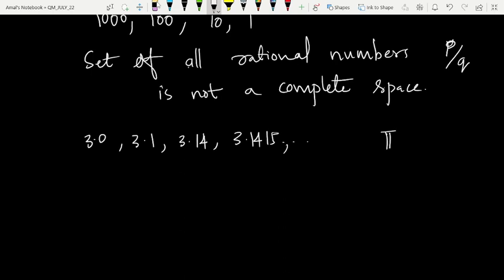So this is one particular sequence. This sequence is converging to pi, but pi is not a rational number; it is irrational. So the value to which this sequence is converging is not an element of this set. This is the set of rational numbers, but it is converging to an irrational number. So this is not a complete space.